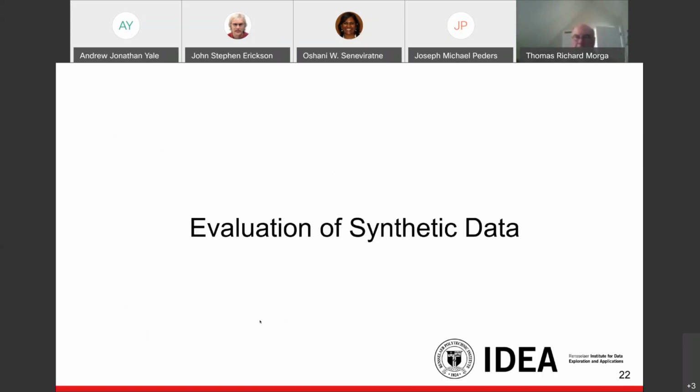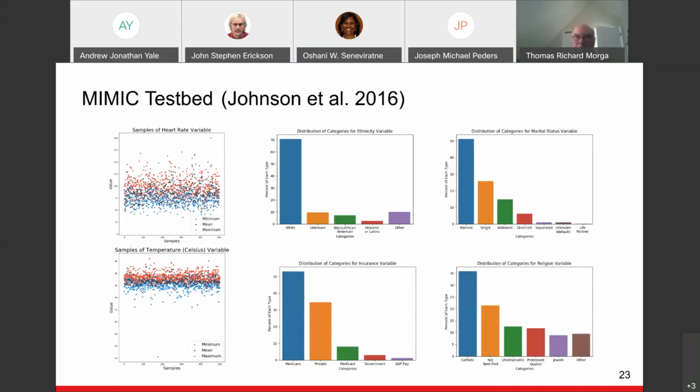So now that we have a method for generating the data, how do we evaluate this synthetic data? First we created a testbed data set to evaluate all of our methods and create metrics on. It was a data set that had many different types of data, from the MIMIC data set, which is ICU data.